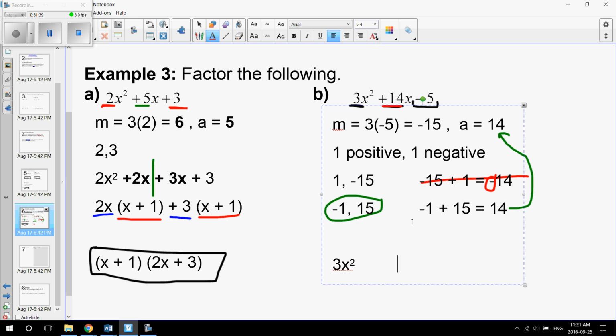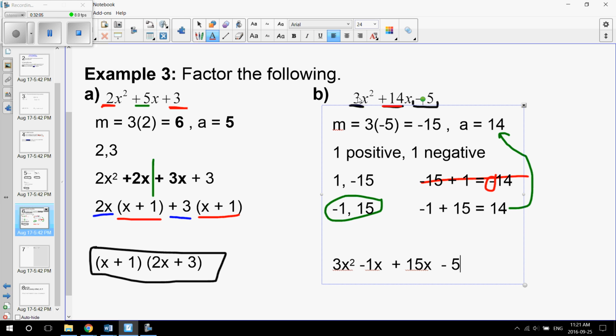And we know that at the end, we're going to still have that minus 5. But in the middle, now we need to break that up into our two numbers. So we're going to have negative 1x. And again, it's a negative 1 because that negative 1 carries into that sign. So that's what gives us the minus 1x. And then we have a positive 15. So we're going to have a plus 15x.